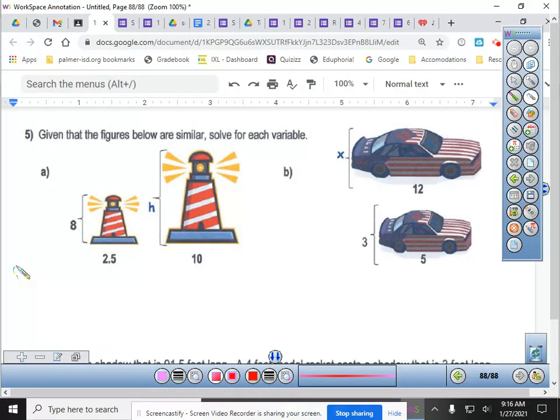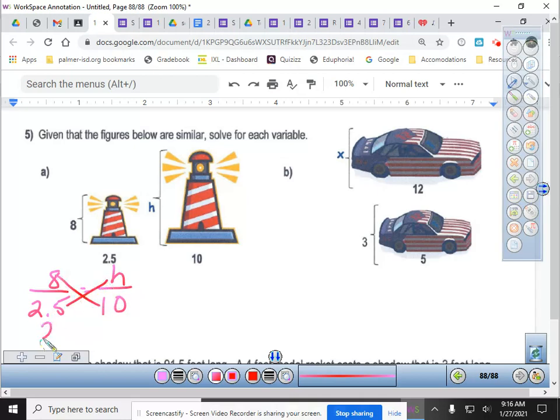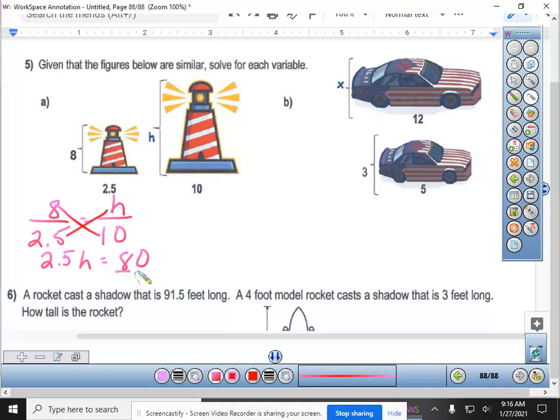What's the equal proportion? 8 over 2.5 equals 8 over 10. Perfect. You couldn't cheat here, could you? No. So we had to cross multiply and get 2.5h equals 80. Then what? You divide by 2.5 and 10. Good.